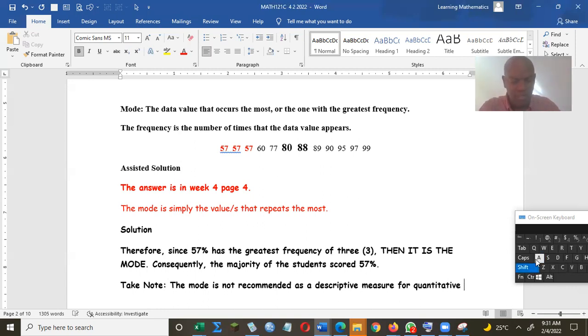Quantitative meaning numerical data. It is more or less used for qualitative data. Okay, please take note of that.